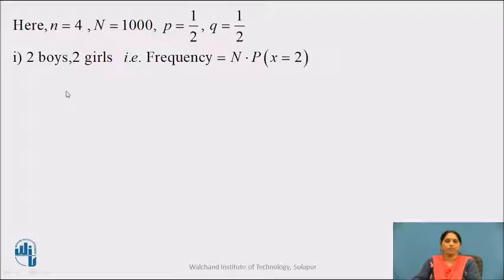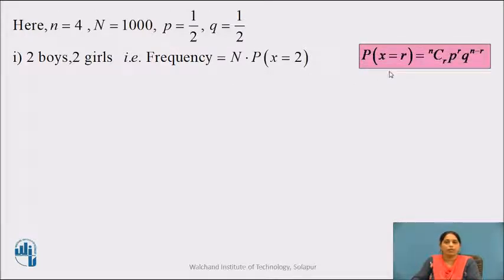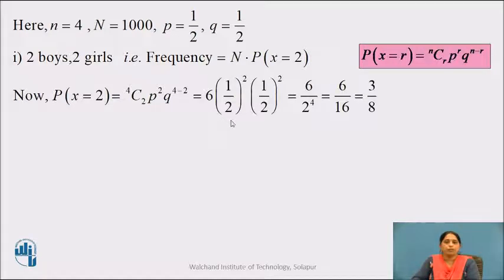Now we will go for the first case, 2 boys, 2 girls. For that, first of all, we will calculate the probability of x equals to 2, and it is calculated by the formula of binomial distribution. So we can write probability of x equals to 2 as 4C2 p raised to 2 q raised to 4 minus 2. Substituting the values of p and q, p is 1 by 2, q is 1 by 2, so it is equal to 6 upon 2 raised to 4, that is 6 upon 16, which gives us the value as 3 by 8.